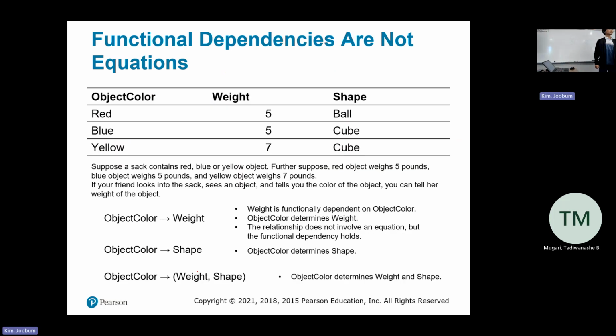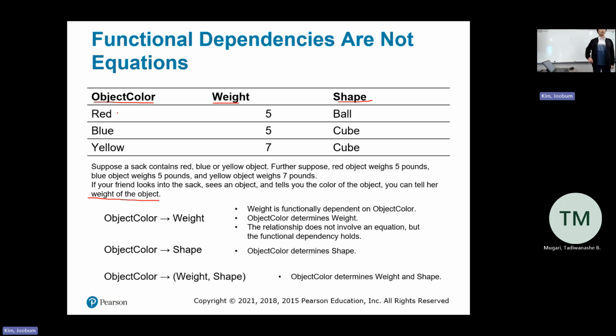How about this table? There are three columns: object color, weight, and shape. Think about that. Here, there is a description. If your friend looks into the sack, sees the object and tells you the color of the object, you can tell her the weight of the object.